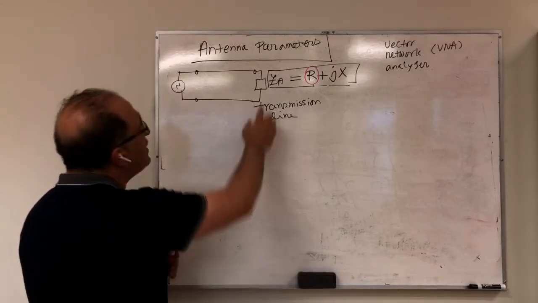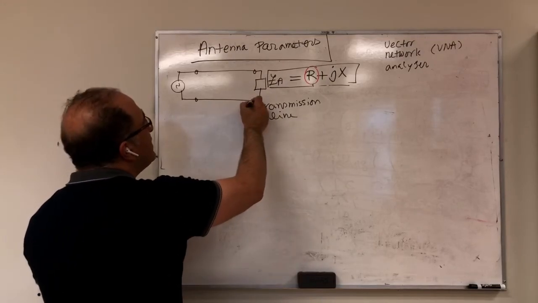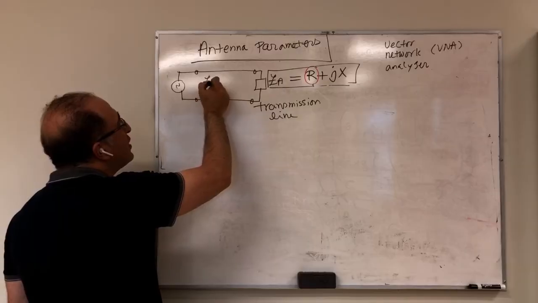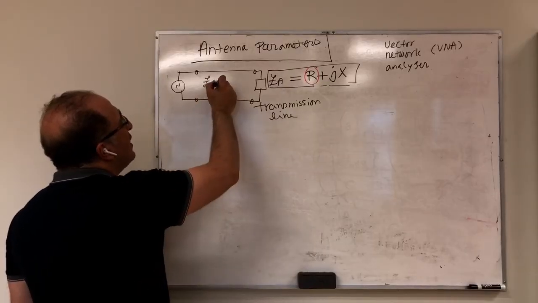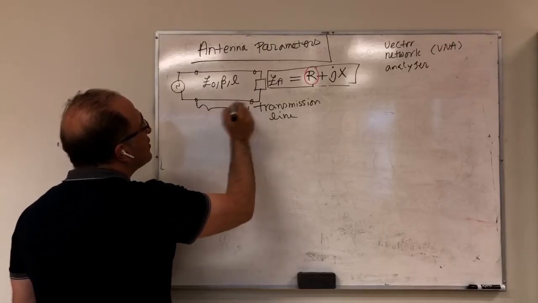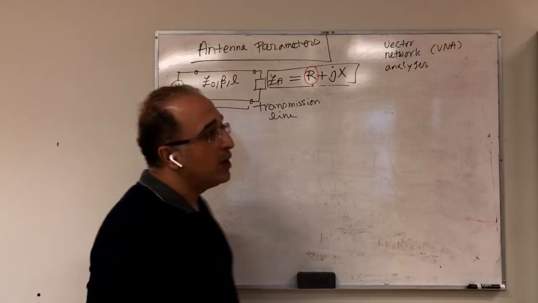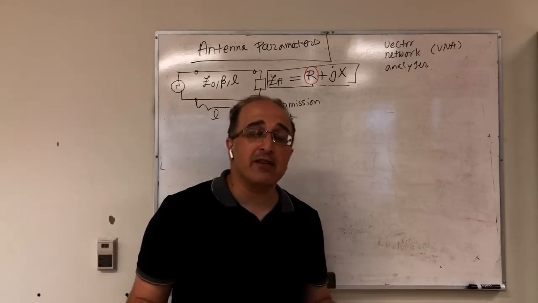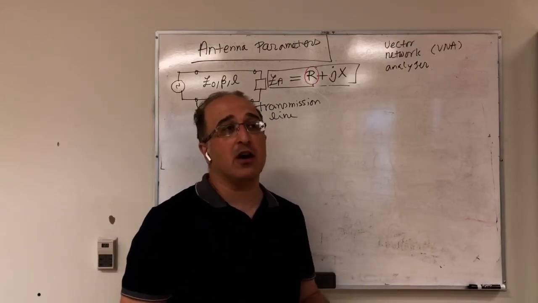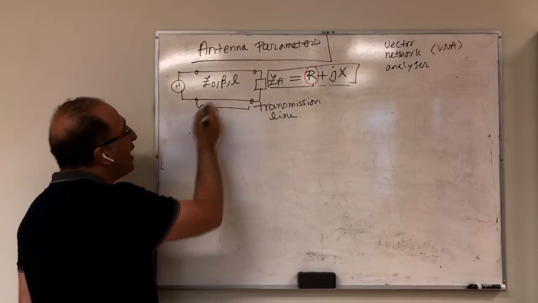For example, if you have an antenna with the input impedance of ZA, and a transmission line that has a characteristic impedance Z0, wave number beta and length L. I'm going to talk about characteristic impedance in more detail, but for now, I assume that you already know that a transmission line has main properties: its characteristic impedance, wave number and L.